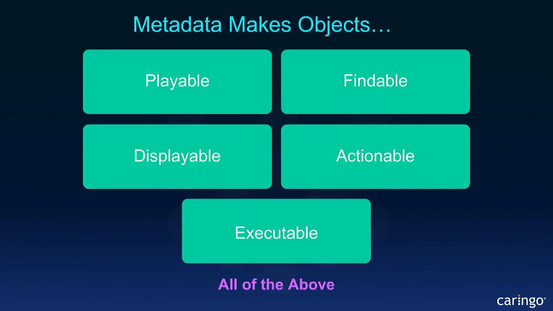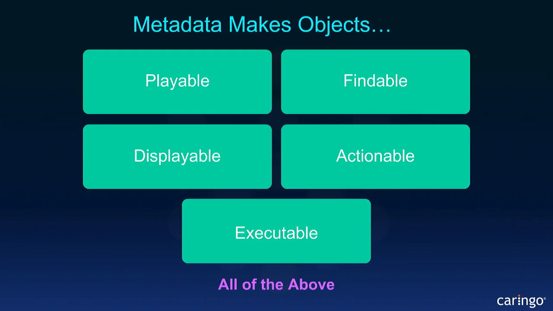So what do we actually do with the metadata once it's there? Well, in the case of, say, files, lots of the metadata would be in things like content type, HTTP headers, or file extensions, okay? So that information makes data playable. When you click on a file, it knows how to get the right player. If the names of those files were indexed, it makes it findable when you go and do a search.